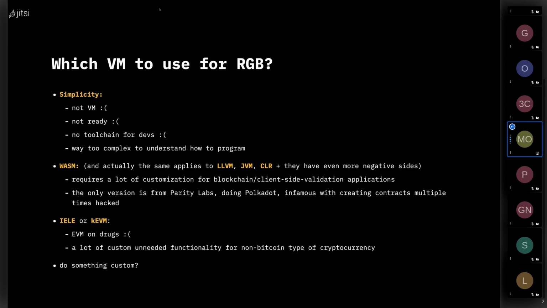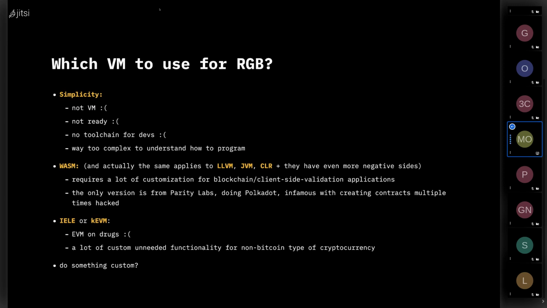And if we will use IELE or KEVM, they will be able to do that, which is really bad practice. And it has, again, a lot of custom unneeded functionality. It's created for a non-Bitcoin type, non-UTXO type blockchain, so it's basically incompatible. So I don't think that there is any single reason of using IELE or KEVM. What options are there? Well, none.